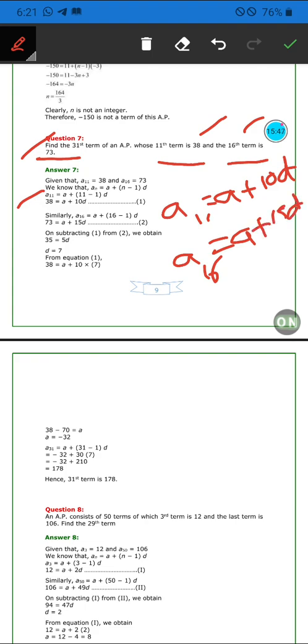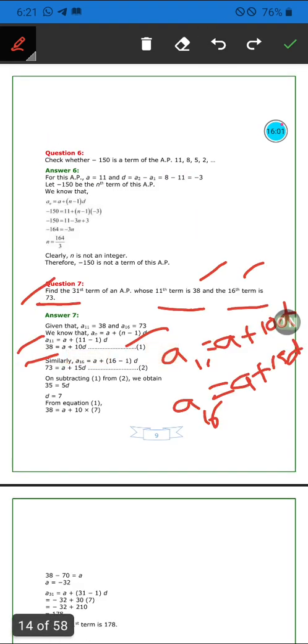So observe this. A11 is 38, so A11 equal to A plus 10D. Similarly, A16 is A plus 15D. What is A16? 73. By subtracting equation 1 from equation 2, we can easily get D equal to 7.